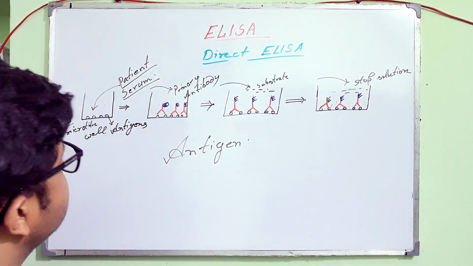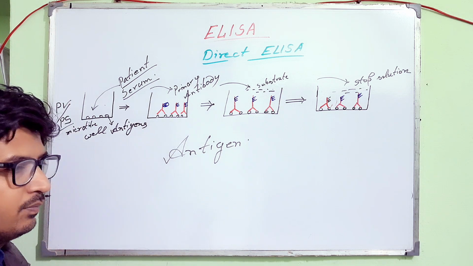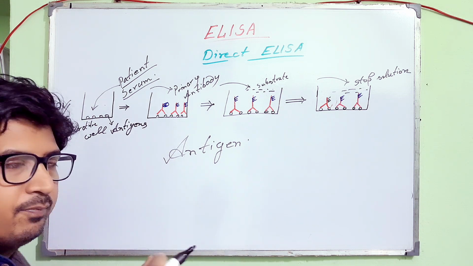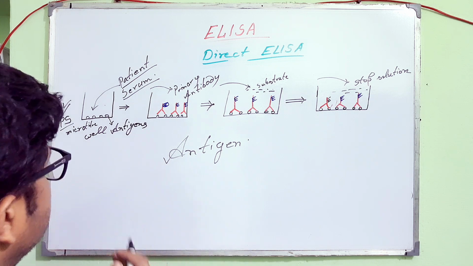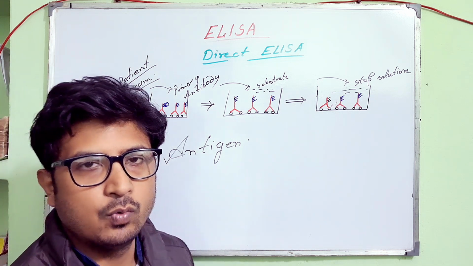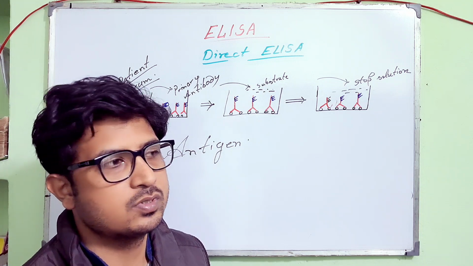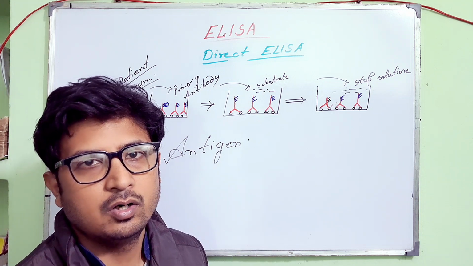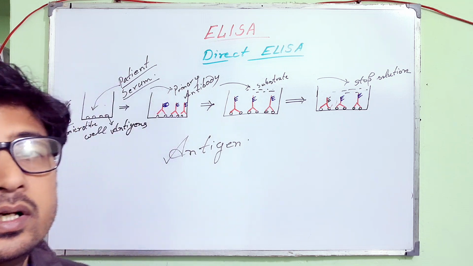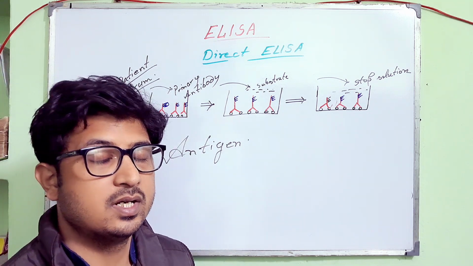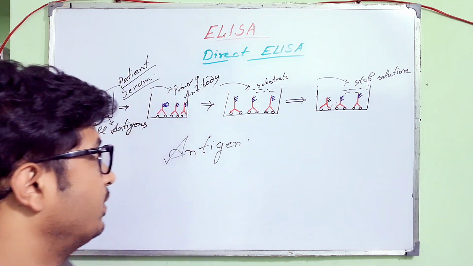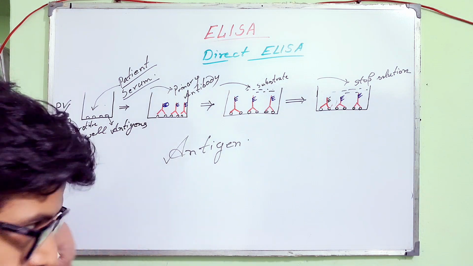Okay. These antigens, after giving the serum, that PV or PS styrene microtiter wells will be incubated for a very long period. Suppose it is incubated overnight, or maybe 8 to 10 hours, depending upon the company which standardizes the protocol for the diagnosis.